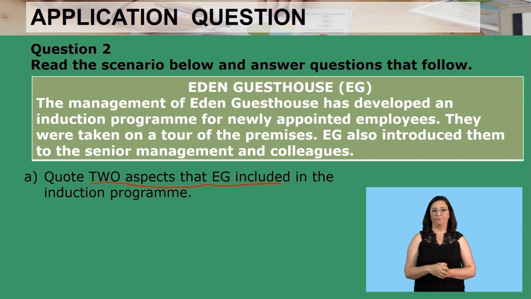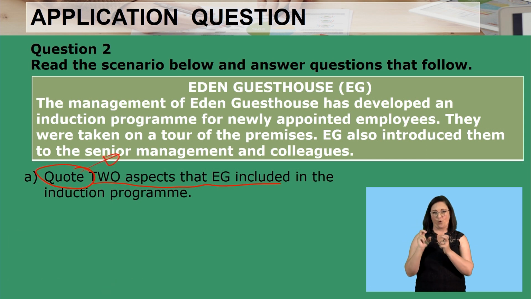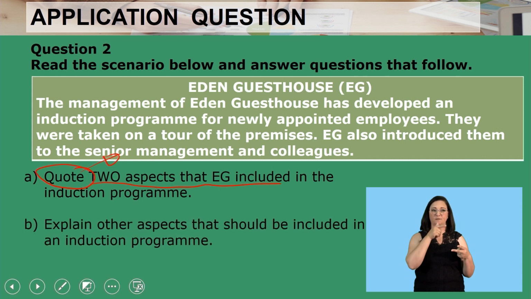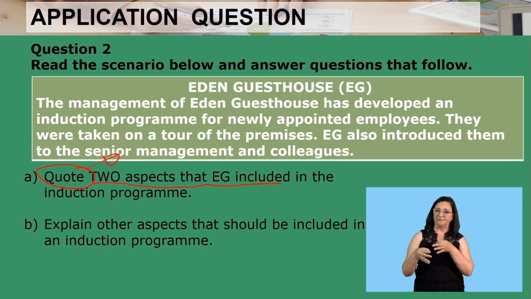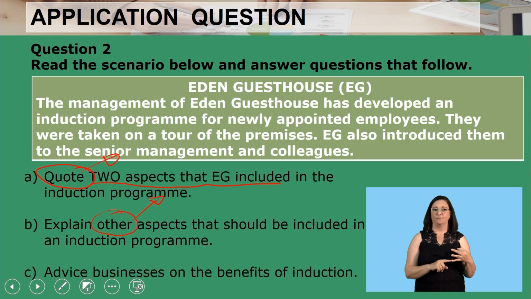The keyword is quote. Please don't forget that. When they say quote, immediately know that it's from the scenario. The second question says, explain other aspects that should be included in an induction program. Other means other than the ones that you've quoted. The last question says, advise businesses on the benefits of induction.